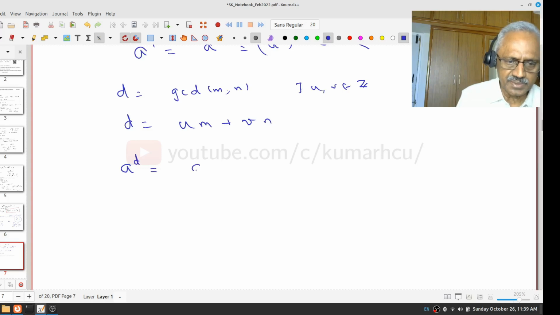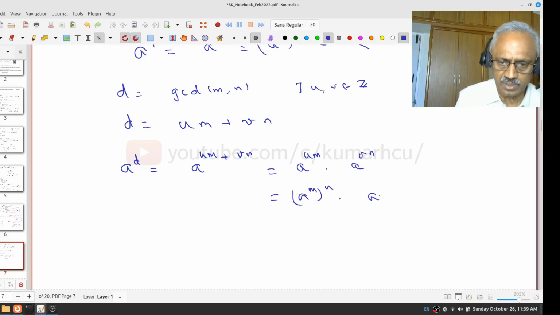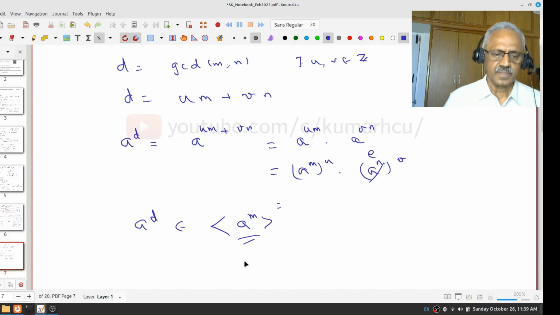a to the power d is a to the power um plus vn, that is a to the power um into a to the power vn, but this is (a to the power m) to the power u by the law of exponents. This is a to the power n to the power v, but this is identity, therefore it is a to the power m to the power u. Therefore a to the power d belongs to the cyclic subgroup generated by a to the power m.